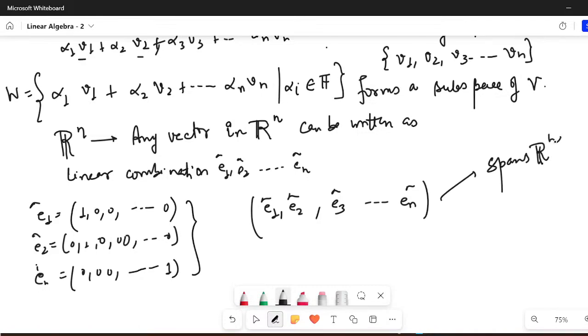That is, you can write any vector in Rn in the form of all these unit vectors, that is E1 cap, E2 cap, E3 cap, up to En. Similar things you can write for R square and R cube. So basically, I have generalized this.